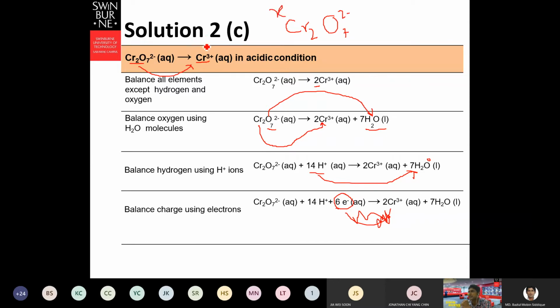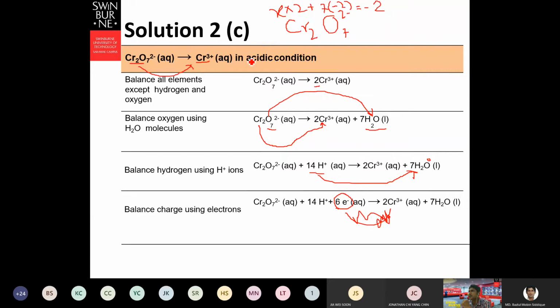So X times 2, because there are 2 of them, plus 7 oxygen atoms, each of them carrying negative 2, and the total charge is also negative 2.